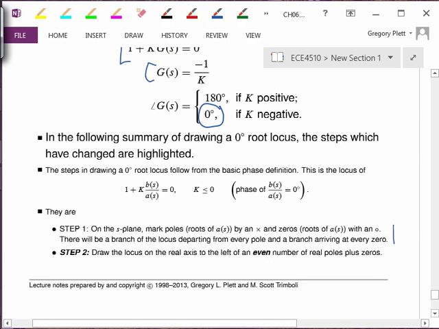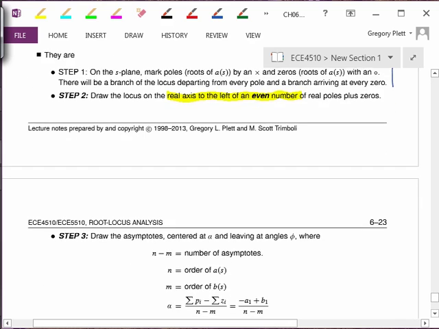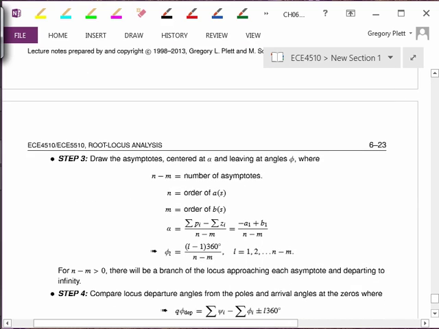Step 2 is different. The real axis rule is going to say the locus is on the real axis to the left of an even number of real poles and zeros instead of an odd number. So the angle criteria changes that slightly. The asymptote condition changes slightly as well.